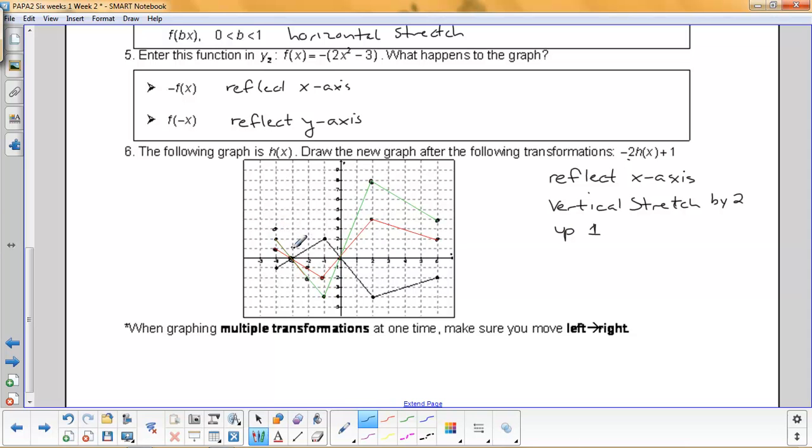Here, here, there, there. This will be moved up to there, this up to there, and this moved up to there. And my final is the dark black.